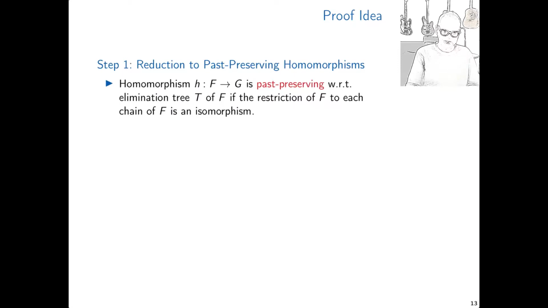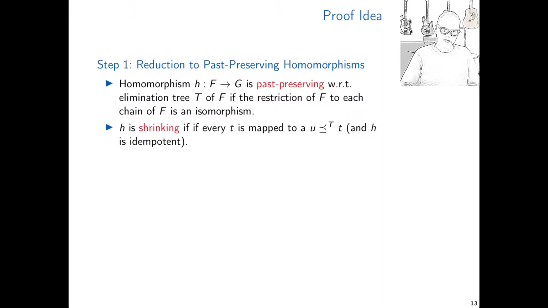A homomorphism from a graph F to a graph G is path preserving, and that always refers to an elimination tree of the graph F, if the restriction of this homomorphism to each chain in the elimination tree is an isomorphism. So for example, I can never map an element to a strict predecessor of this element.